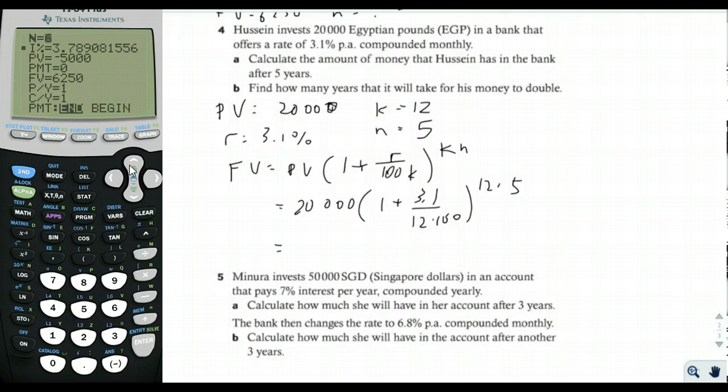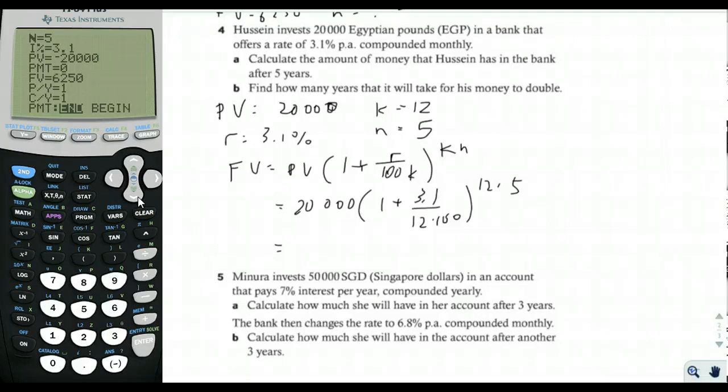Okay, so we're going to put our data in the calculator. It's going to be N equals 5. I is 3.1%. PV is 20,000, and we're going to put negative 20,000 to indicate it's leaving your wallet.